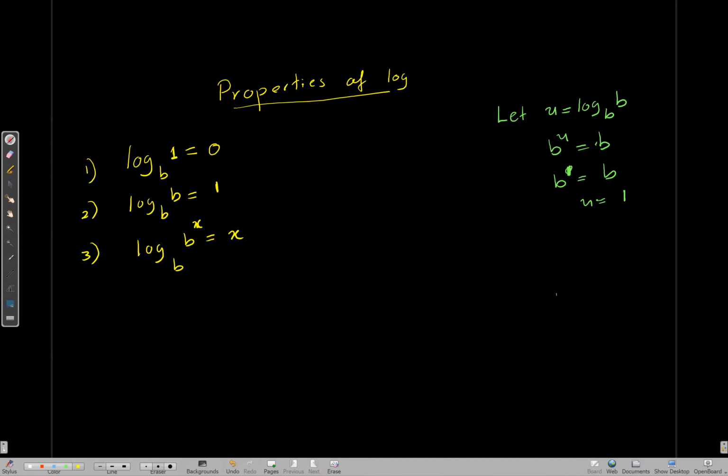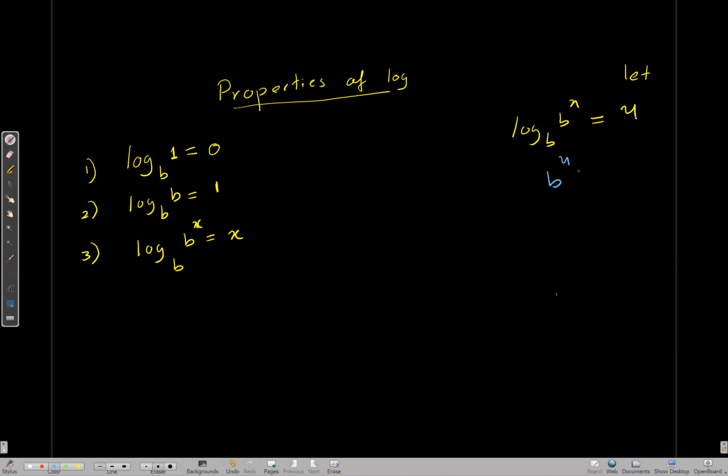In other words, if you do the same trick, in this case it's straightforward, right? Because log base b of b to the x, if you say let that be u, this is how the proof goes.